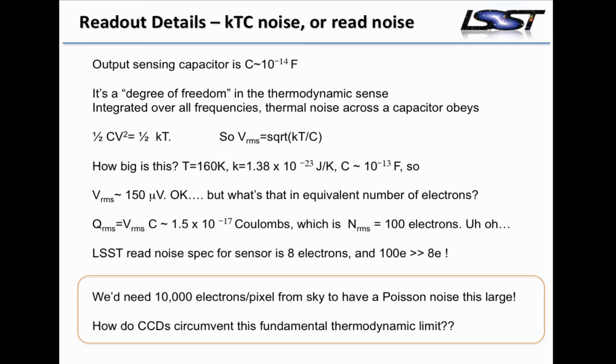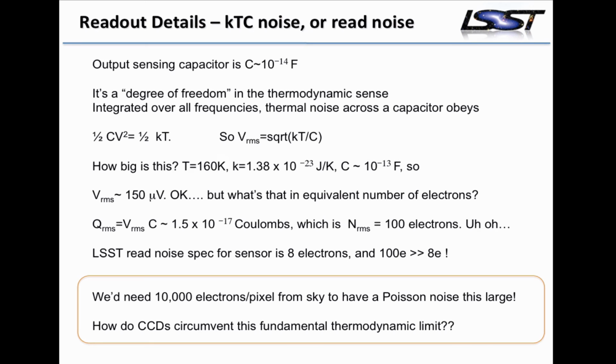This is an underappreciated aspect of just how clever CCD electronics are. And let's go through a little bit of detail what people call KTC noise, or the origin of read noise in these detectors. So we calculated what the capacitance of that sensing capacitor is, and it's a thermodynamic degree of freedom.